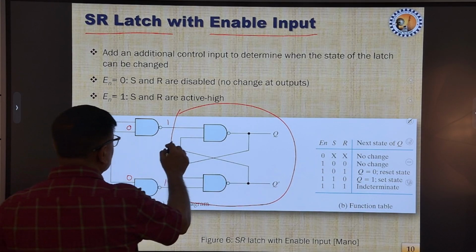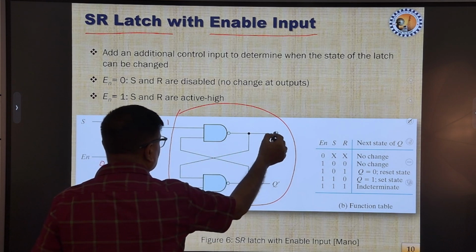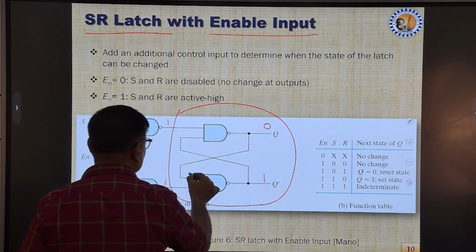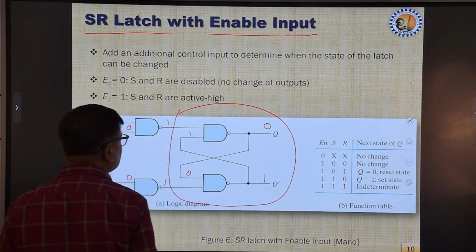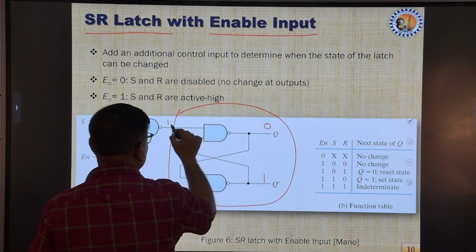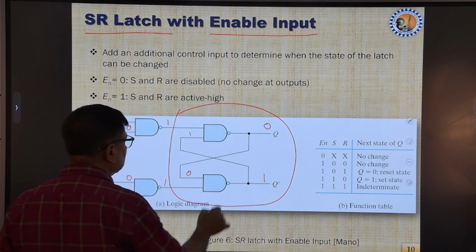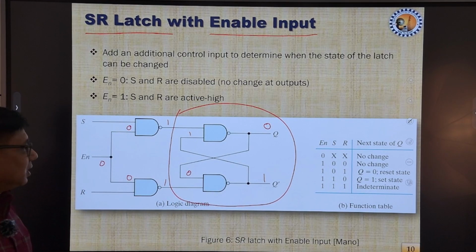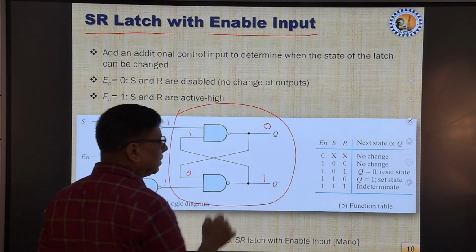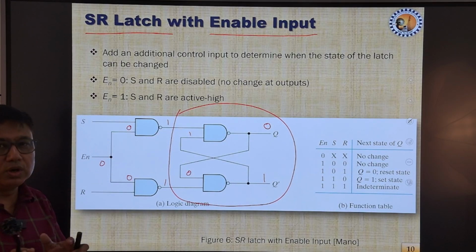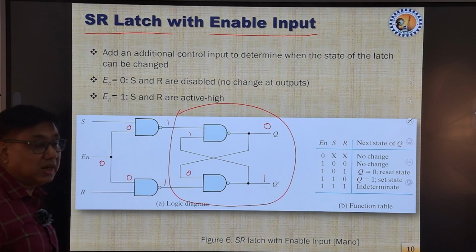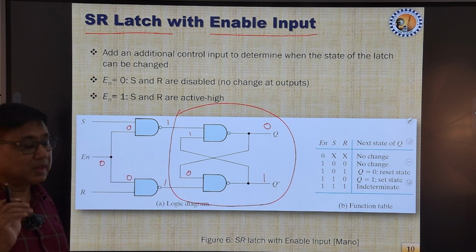Suppose initially the outputs were 0 and 1; then this 0 will be here and this 1 will be here. We can see that 1 and 1 will make its output 0, and this 0 and 1 will make its output 1. So the output condition of this latch will not change when the enable input is 0. That means the latch is in the disable state.